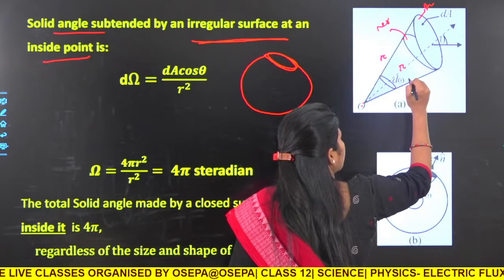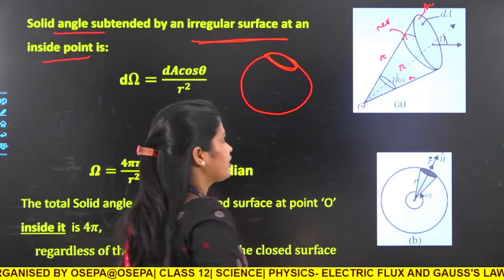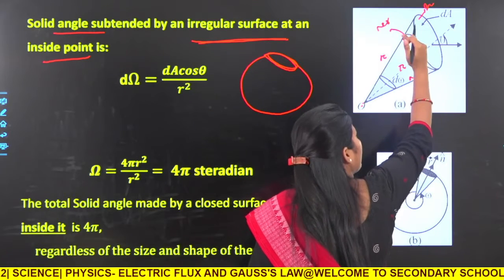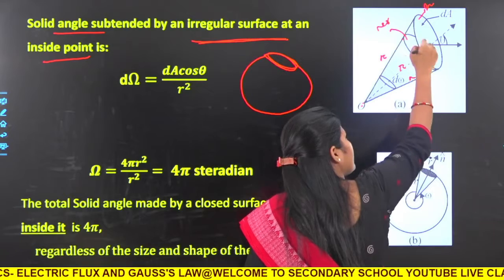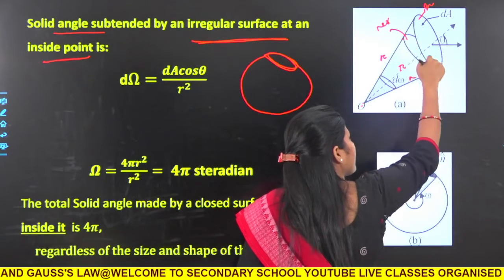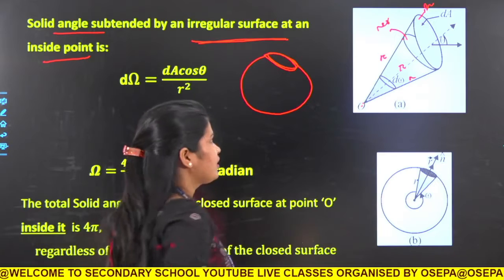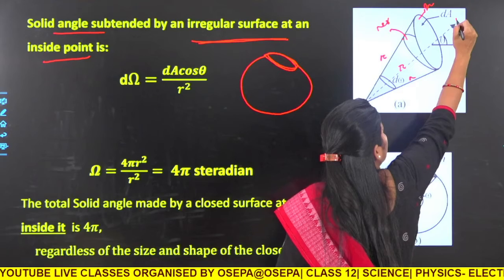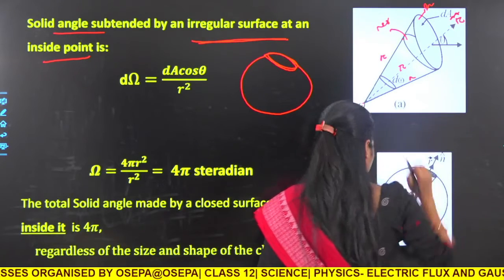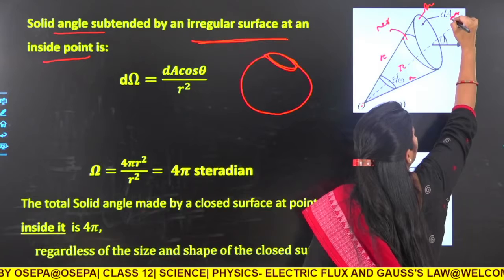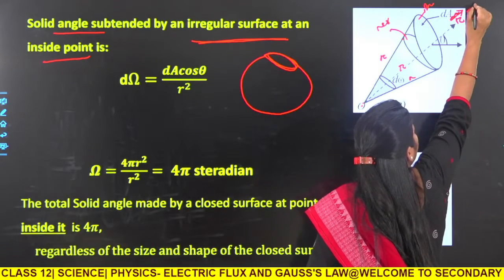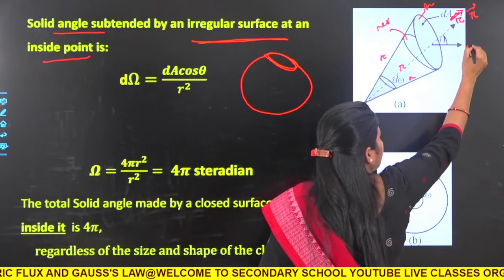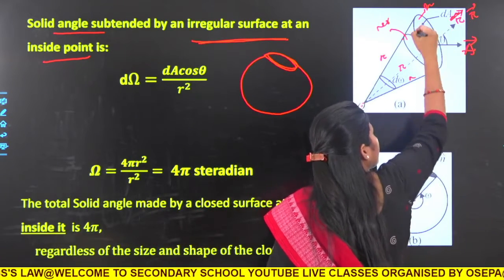Everywhere, isn't it? So that irregular surface makes an angle theta with that surface. This is the orientation. This is the projection of this area, isn't it? See this. This is the r vector, and this is the vector of this area.